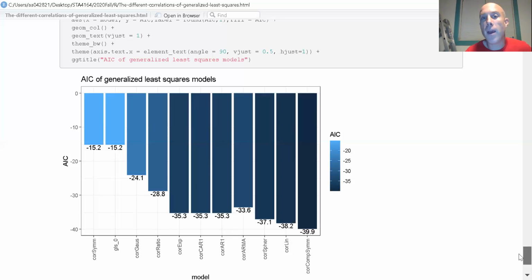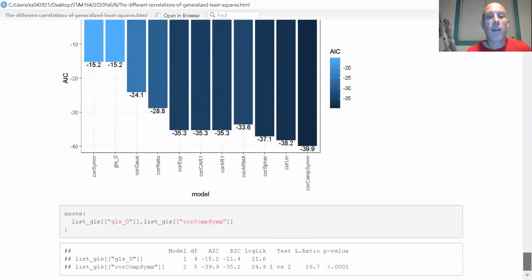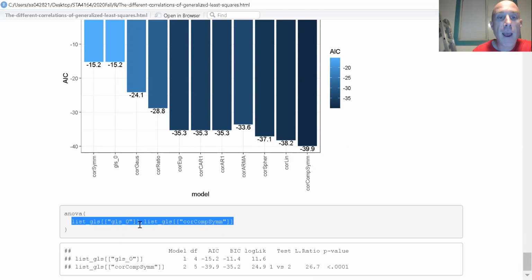All right, so now let's go ahead and do an ANOVA test. Let's see if our best model by log likelihood, BIC and AIC, is statistically more informative than our baseline model. All right, well, I just go ahead and pass both models. Remember, they're in lists, so I have them in this format. I just pass both models to ANOVA at the same time. And you'll notice that it prints out the AIC, BIC, log likelihood, tells me the degrees of freedom, which is nice.